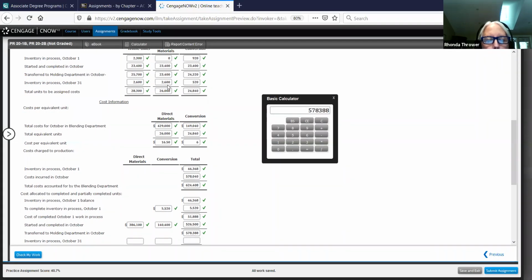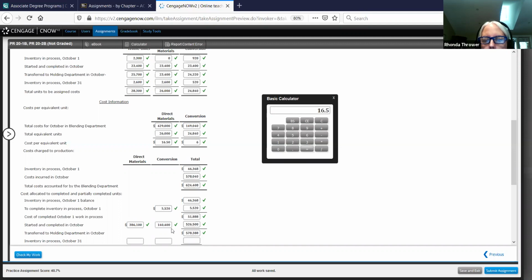The units was 2,600 units times 1,650. So 2,600 units in ending inventory, all of those units have materials in them. So I'm going to multiply that by 1,650, the cost per equivalent unit.